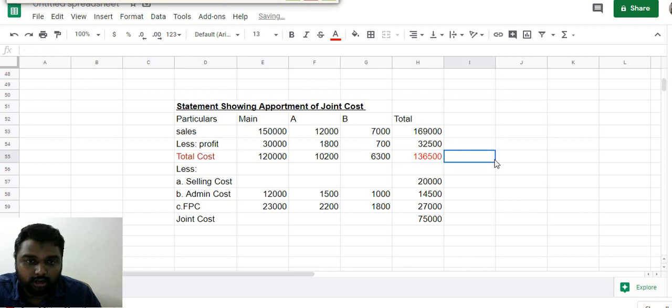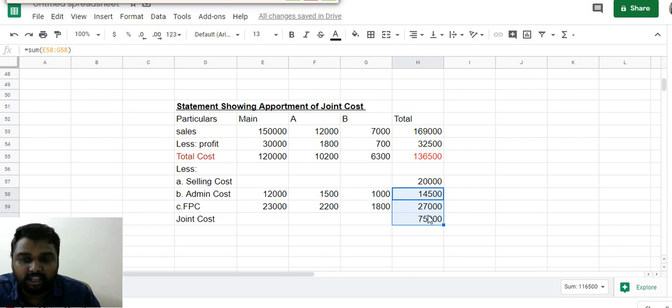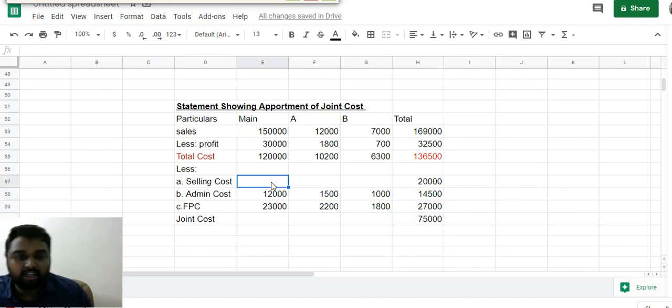If all three costs are reduced from 1 lakh 36,500, the remaining comes to 1 lakh 16,500. The balancing figure is what? Selling cost.